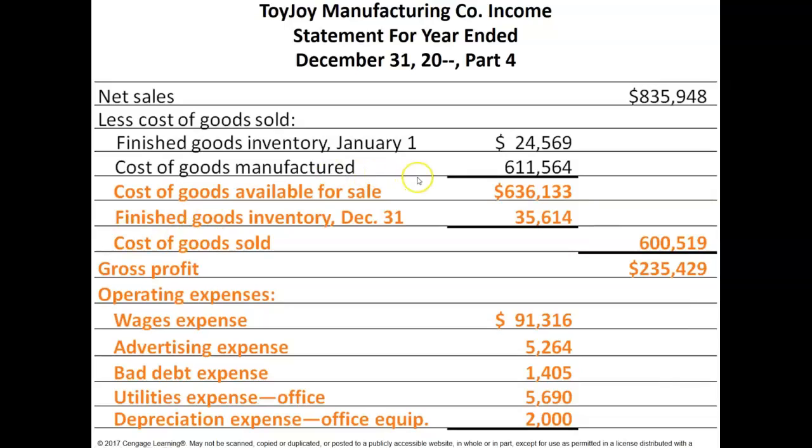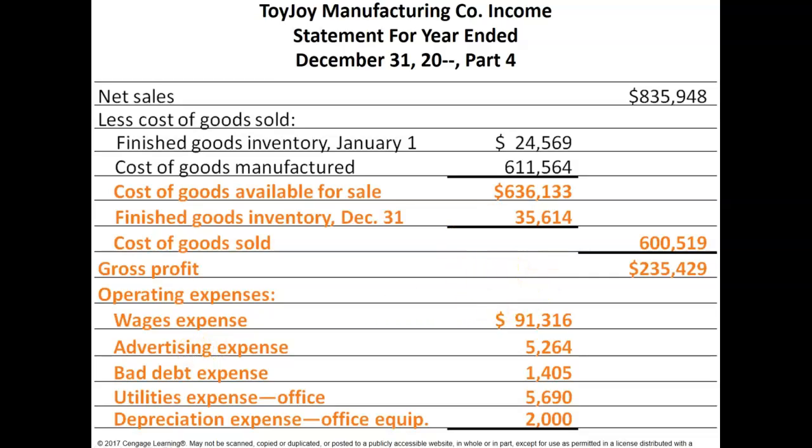And then we plug that into our income statement and get our cost of goods that we had available for sale during the period. And then we have our finished goods inventory at the end of the period. We subtract that from what we had available for sale, and that tells us what we actually sold.